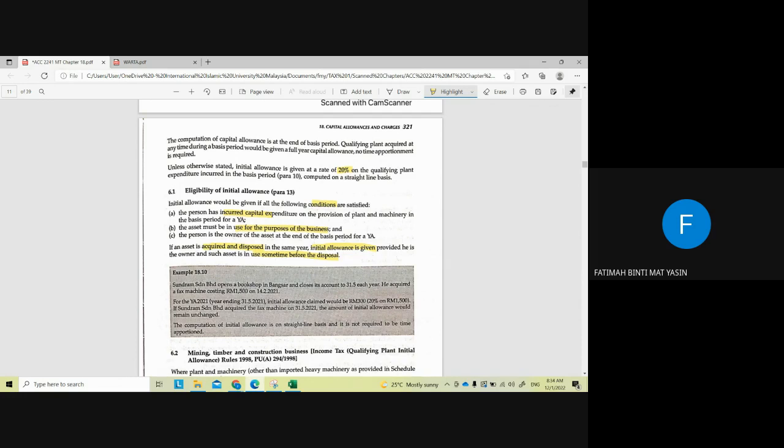It's still within the same year, so you can still claim 20% initial allowance from the total QPE, which is the cost you incurred to purchase the asset, as the capital allowance for that year. So let's say you purchase in 2021, you can claim initial allowance for that asset in 2021, even though you dispose of the asset during the same year.